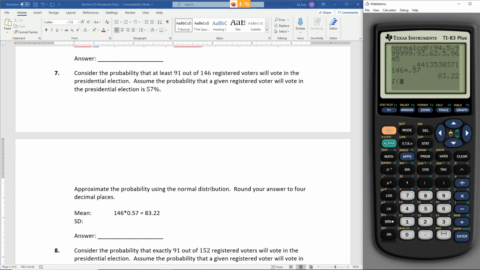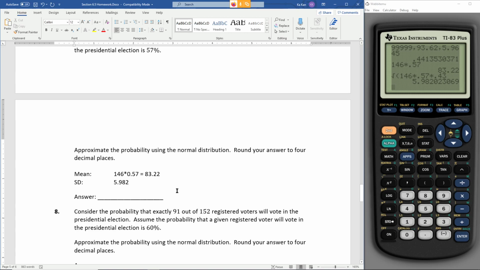I'm just going to put it in the calculator: 146 times 0.57 times 0.43. That's 1 minus 0.57, the failure rate. The standard deviation is this.